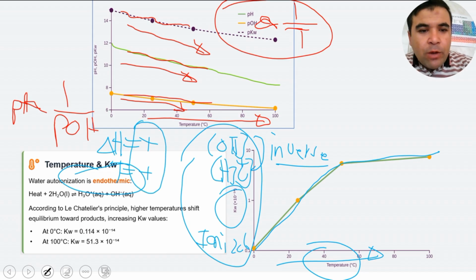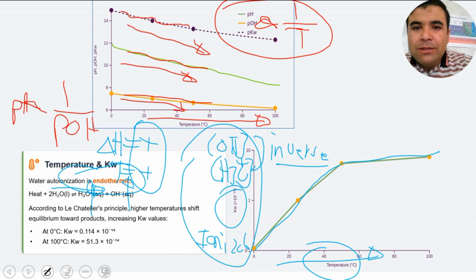Whenever these two signs are equal, the forward direction will be favored. As the forward direction is favored, that means the water molecule ionizes more, that increases the ionization, and then the concentration of hydronium and hydroxide elevates equally in the solution, and then that increases the Kw value. They're all working as a chain, they all affect one another. As the ionization increases, that increases hydronium and hydroxide, and then eventually that increases the Kw value, guys.